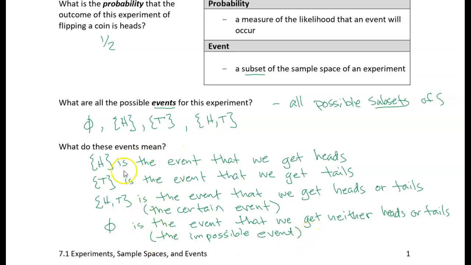But that's essentially how we would interpret all of those subsets, all of those events that are the subsets of the sample space. All right, so that takes care of that example. And the next thing we're going to do is look at how we can use some of the concepts of set theory that we learned in Chapter 6 and apply it to probability.